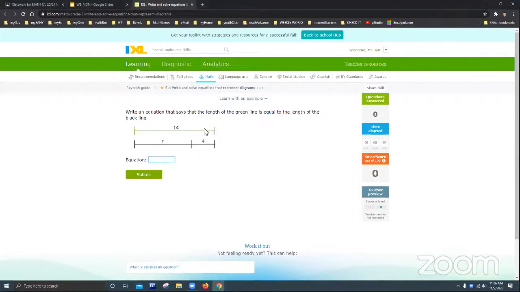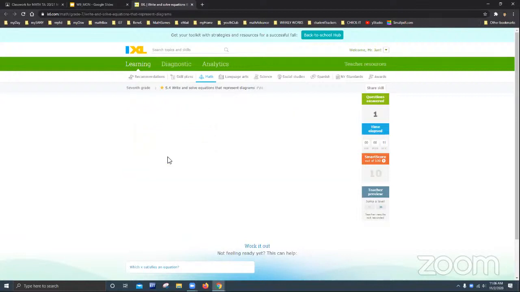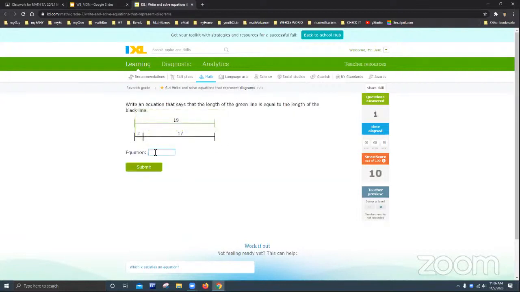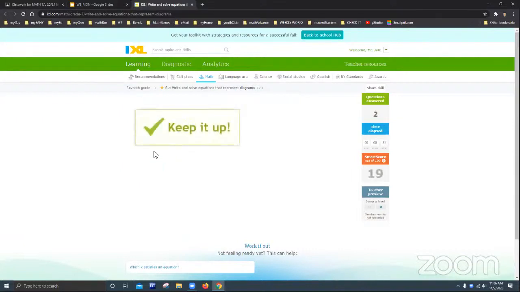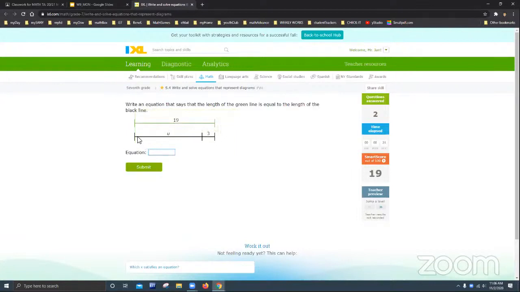The total length of that line is 14. If you add R and 4, that's equal to 14. So you need to write down those equations. Sometimes you need to solve it when you go to a higher level. So the first couple examples are just creating an equation. The length of this segment is U, plus 3 is equal to the total of this line, which is 19. So you need to try to finish at least 70 as a score.